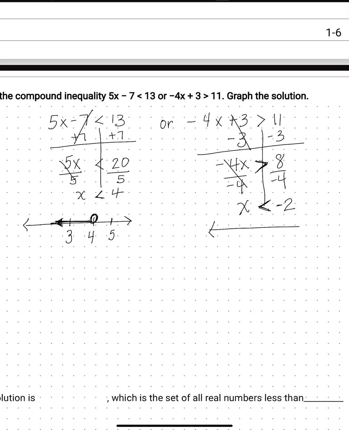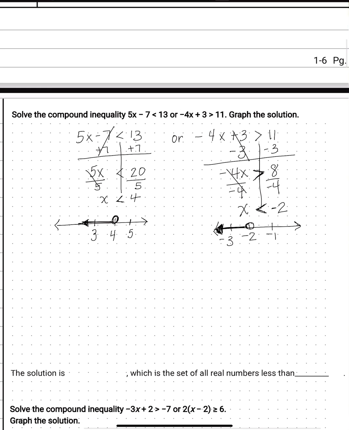If we graph that on a number line, I'm going to go ahead and put negative 2 here. This will be negative 1. Over here would be negative 3. I'm going to have an open circle. And since x is less than negative 2, it's going to be everything to the left of negative 2.